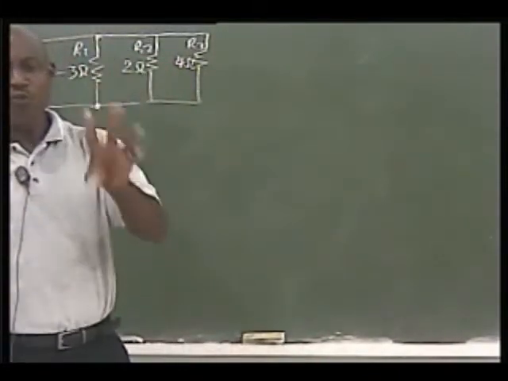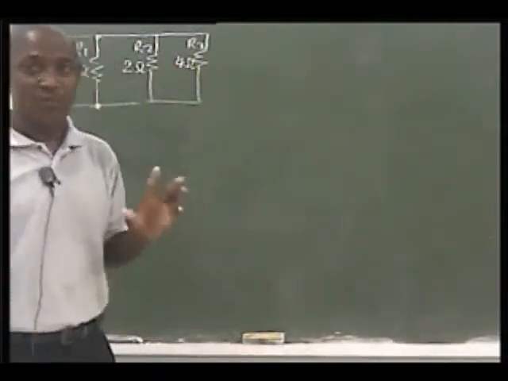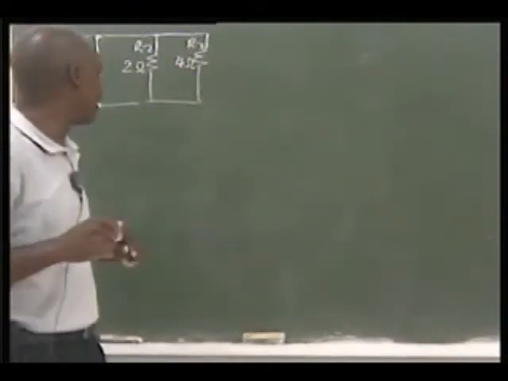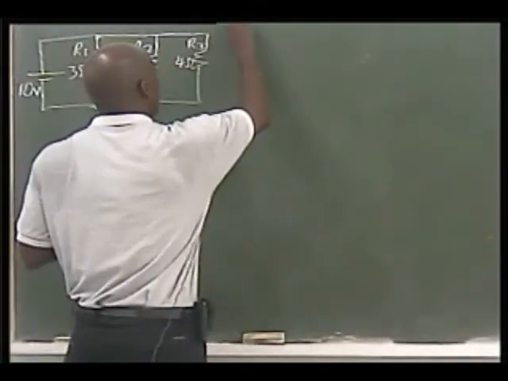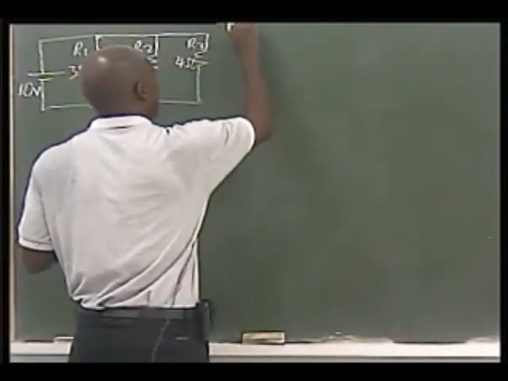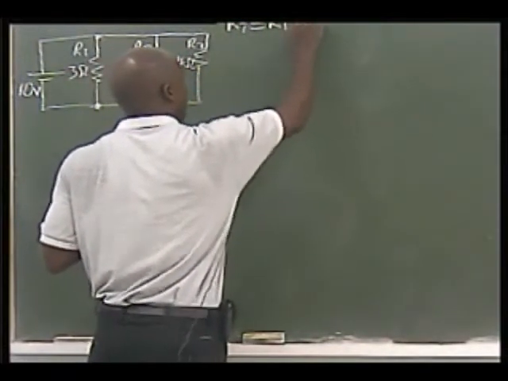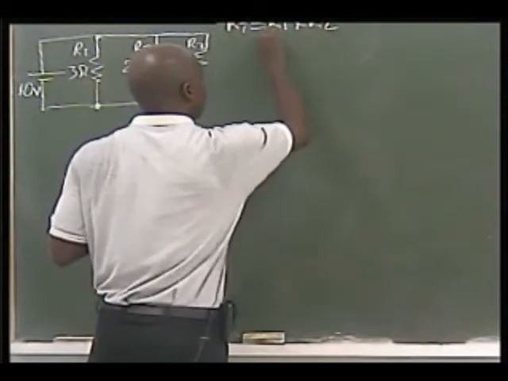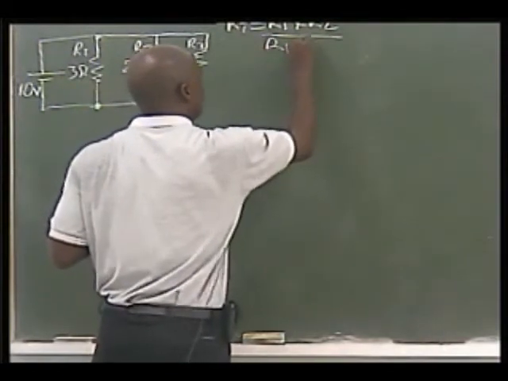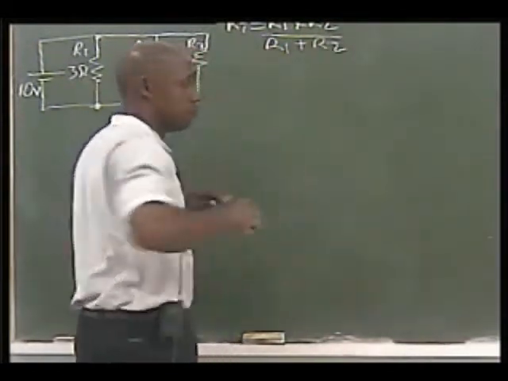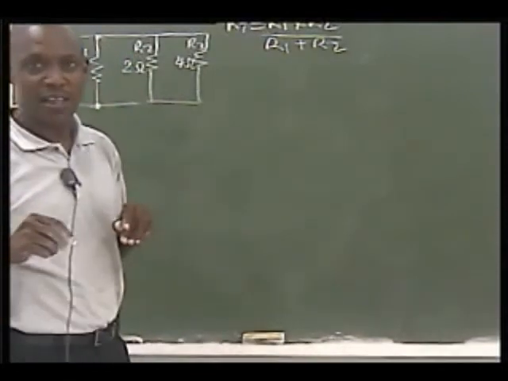Now, there are two ways to find RT, which is the total resistance in a parallel circuit. First method says that RT is equal to R1 times R2 over R1 plus R2. That's one method.